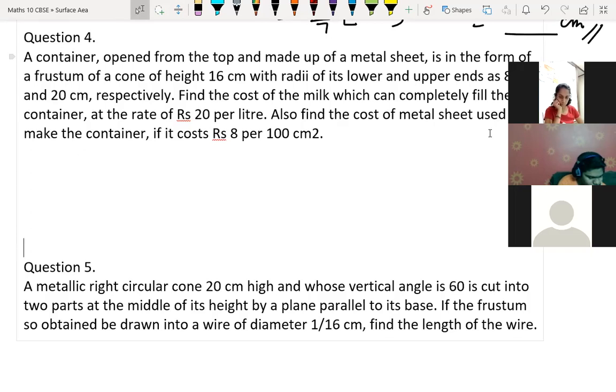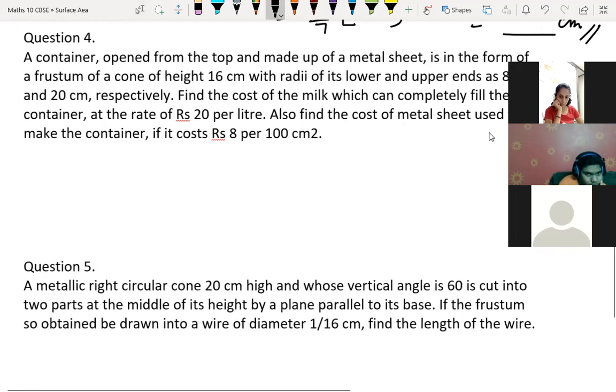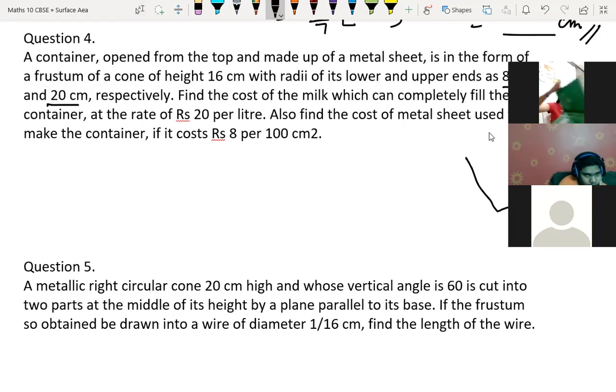So first you draw the diagram. Lower is 8 and upper is 20, so it looks like this. So R1 and R2, you can write here 20 and 8 centimeter.